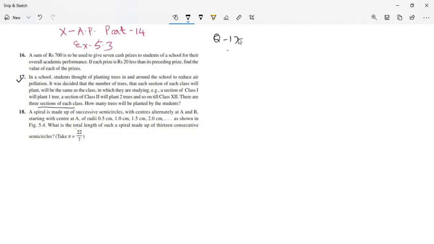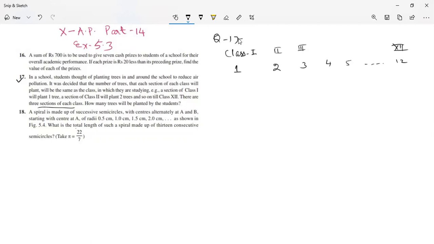Means suppose class 1 will plant one tree, class 2 will plant two trees, class 3 three trees, 4, 5 like this up to class 12 will plant 12 trees.